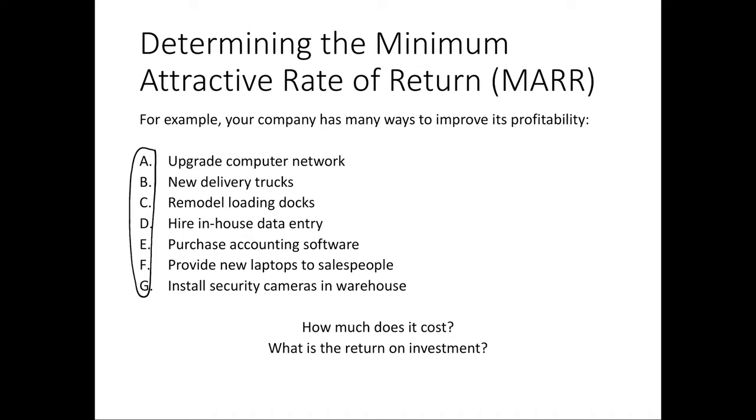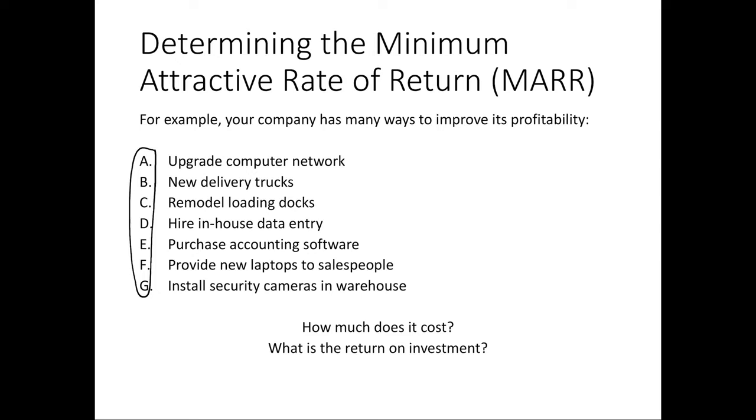And another option B is you can have new delivery trucks, so that will improve your delivery speed, and then your logistic cost is going to be lower, right? That is also helpful for your profitability.